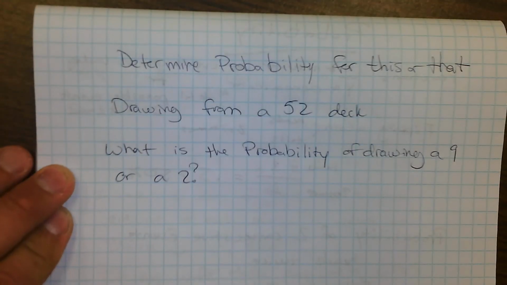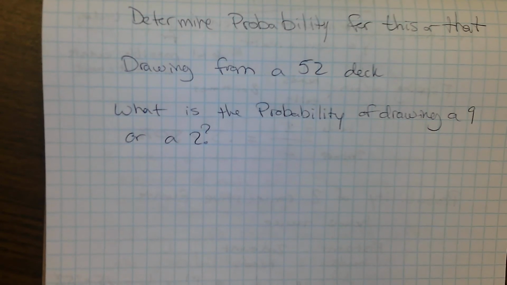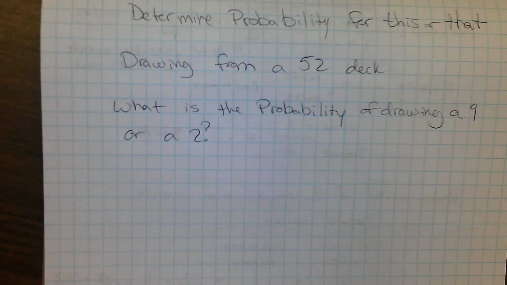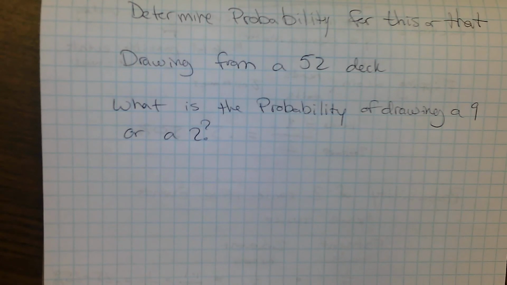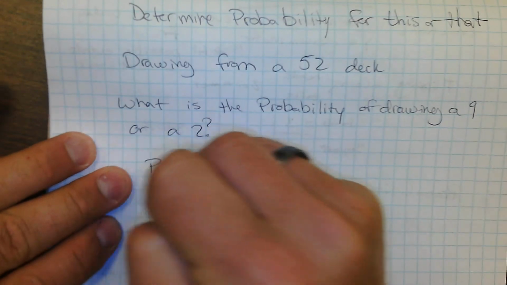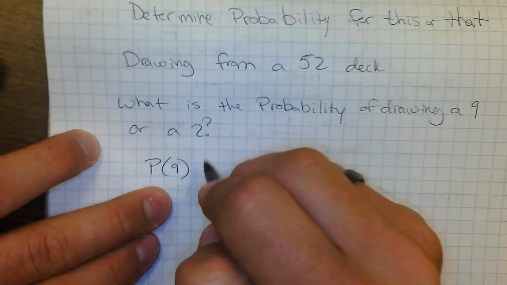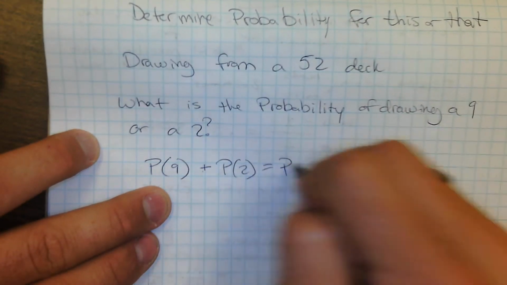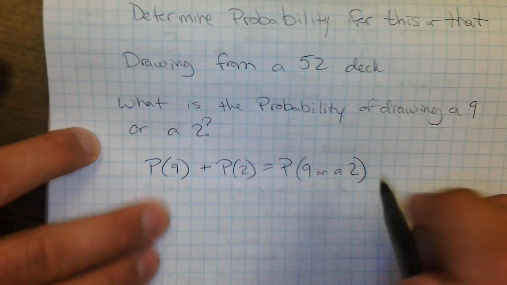Okay? Now, because drawing a 9 or a 2 are two things that are not the same, I can't draw one card and it be a 9 and a 2. So because they're not the same, we're going to take the probability of finding a 9, add it to the probability of finding a 2, and that will equal the probability of finding a 9 or a 2.